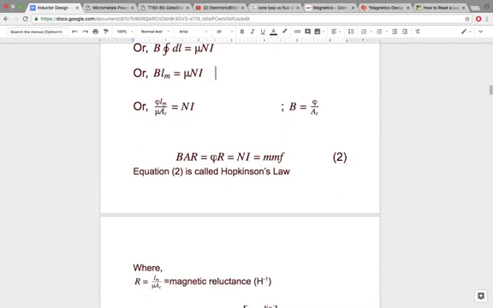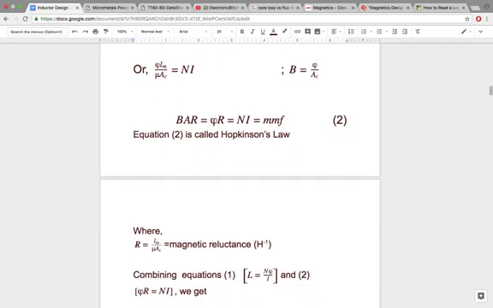In this expression, we can further replace Lm by mu AC with the symbol R. So basically Lm by mu AC is replaced by R, which is called the magnetic reluctance, which is analogous to electric resistance, but they are not completely analogous. Electric resistance actually dissipates energy, but magnetic reluctance stores energy.